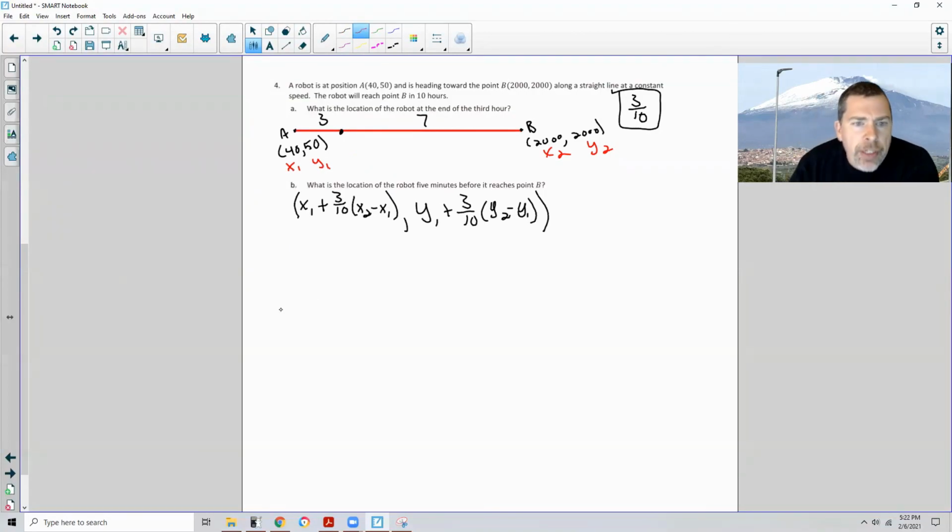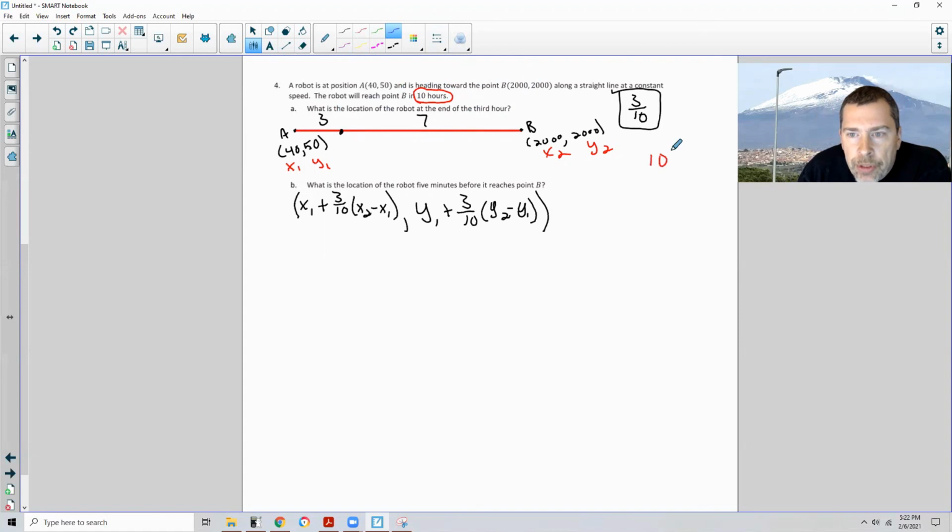Okay, so now part B, they're getting really ridiculous on us. And they're saying, what is the location of the robot 5 minutes before it reaches point B? 5 minutes. So what ratio is that? Well, it's 10 hours. So now I have to convert that to minutes.